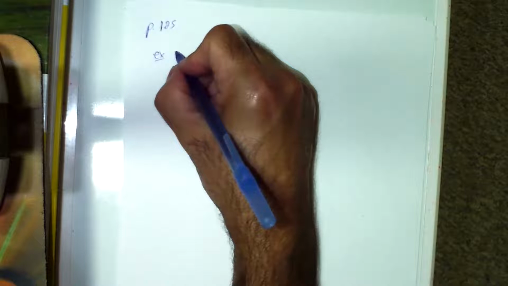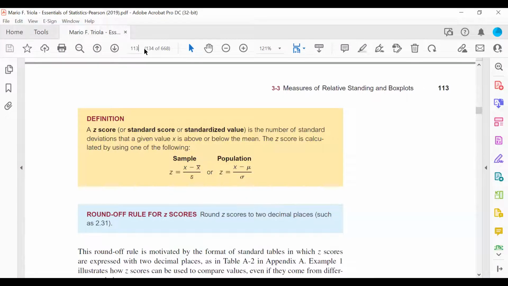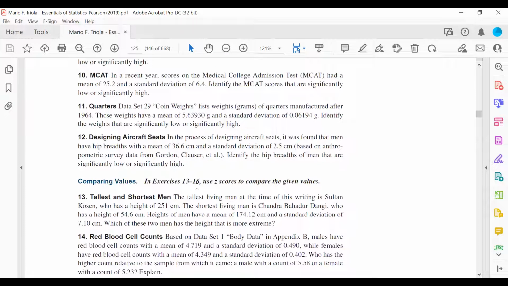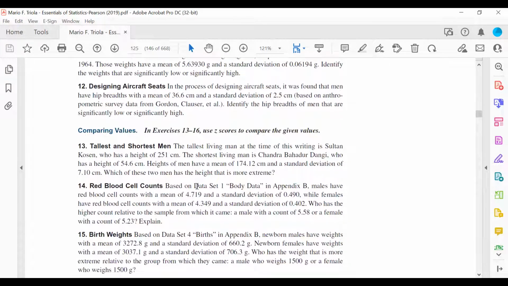So let's look at it. We'll go to page 125, and there's number 13.